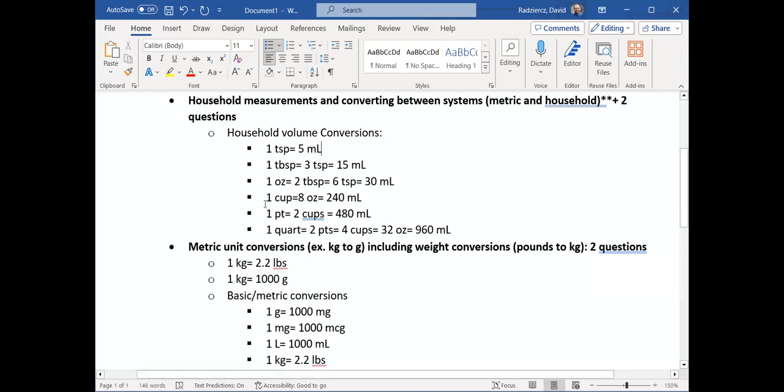A cup is 8 ounces, which is 240 milliliters, so 8 times 30 gives us 240 milliliters. A pint is 2 cups, which is 480 milliliters. And a quart is 2 pints, which is 4 cups, which is 32 ounces, which is 960 milliliters. I didn't put the ounces here, but 2 cups is 16 ounces, so we'll add that in.